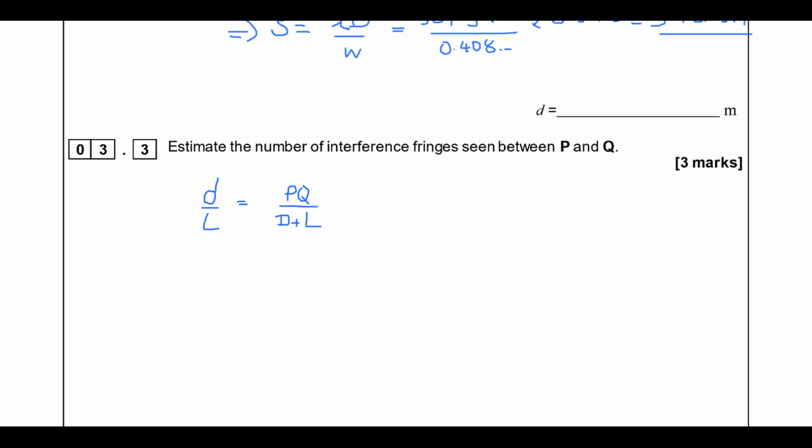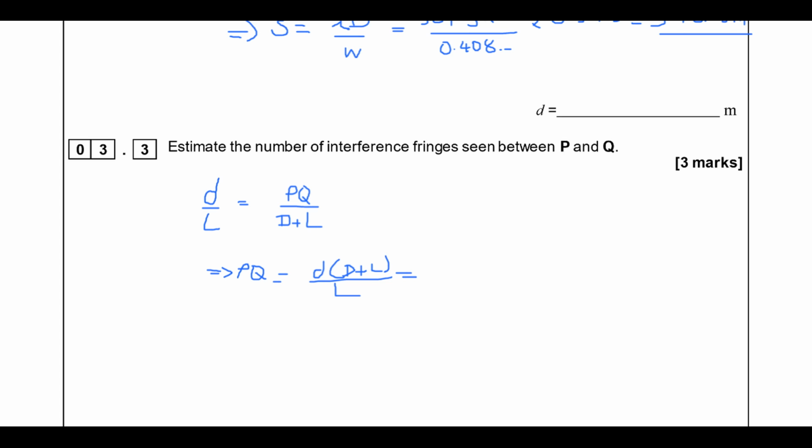So you always get this relationship with those kinds of triangles. We know D, we know L, we know D plus L. So PQ is going to be D times D plus L over L.